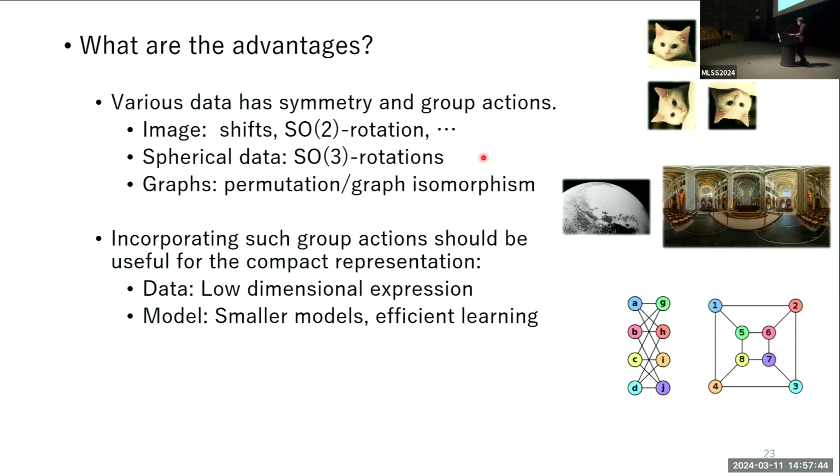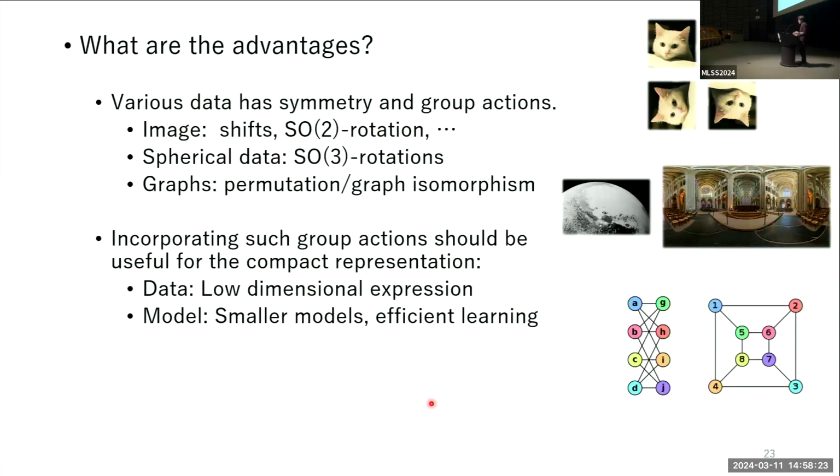And we sometimes have spherical data, like three-dimensional images or panoramic images. In that case, we may have three-dimensional rotation applied to the image. And also, graphs have permutations applied to the nodes or sometimes the edges, so naturally such a group action can be considered.